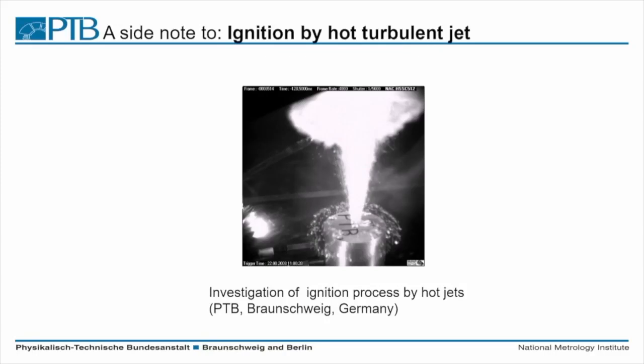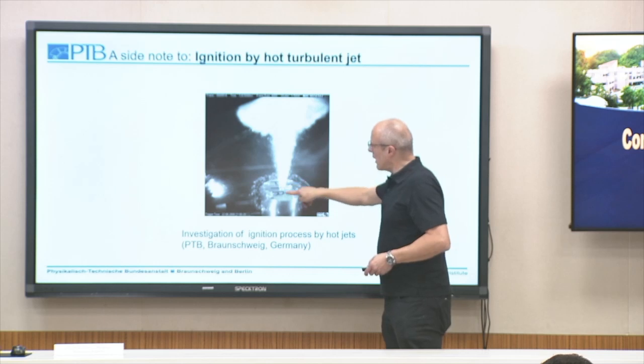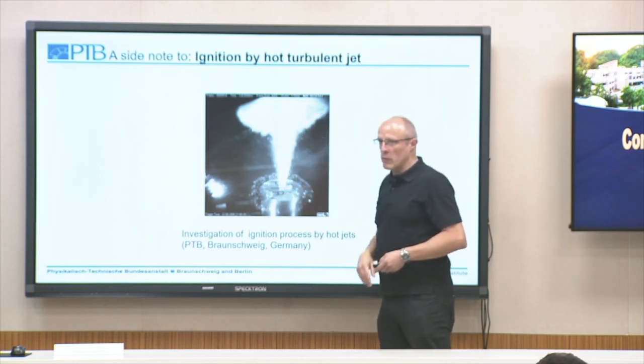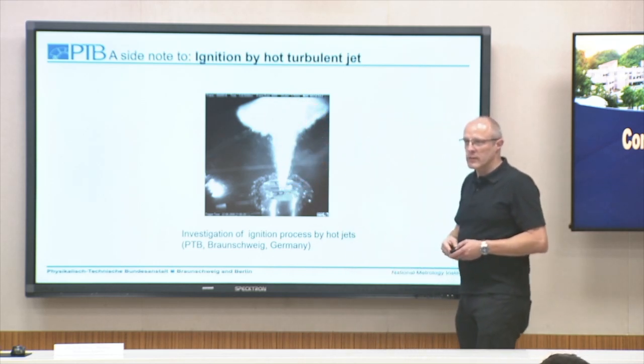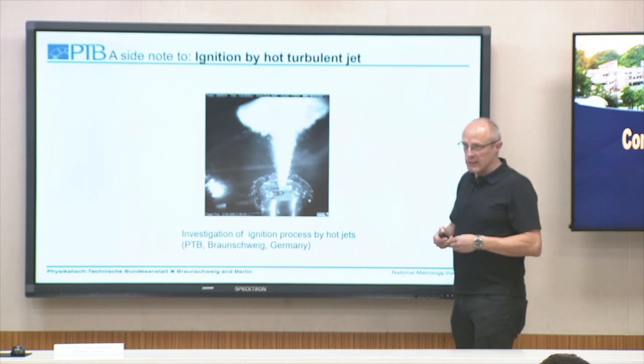So you have an acceleration along this nozzle due to a pressure difference. And finally you get something like this. You get a large, very turbulent volume where ignition occurs. This, of course, promotes the ignition efficiency drastically.